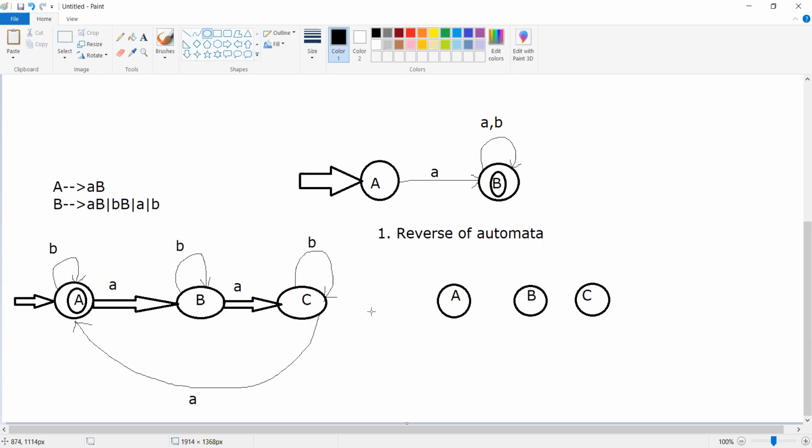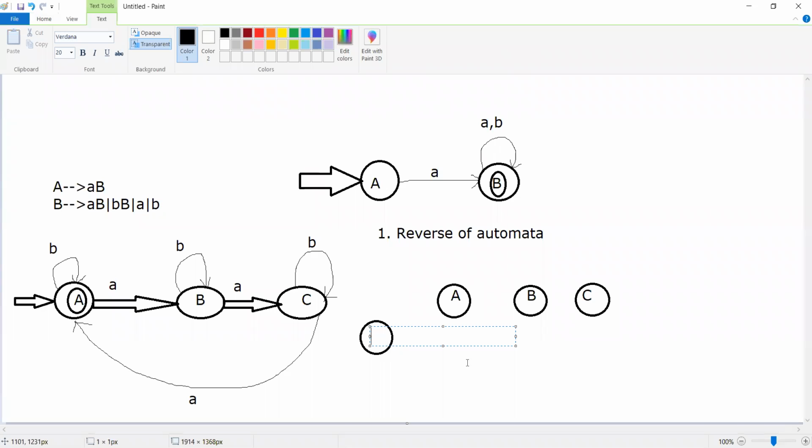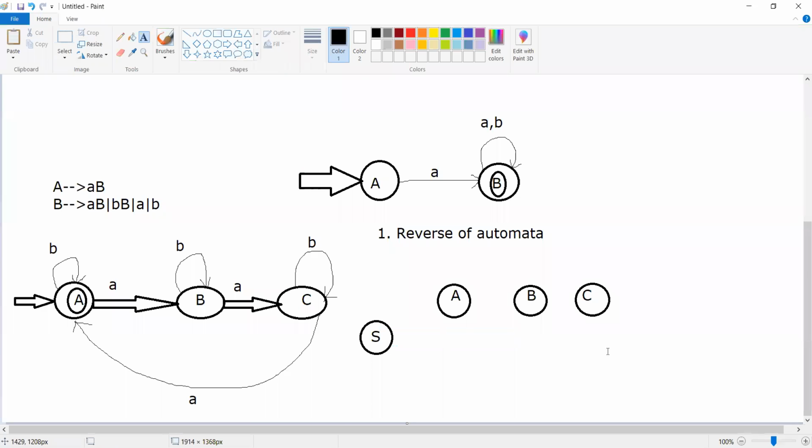So let me introduce a new initial state and call it capital S. This is my new initial state.